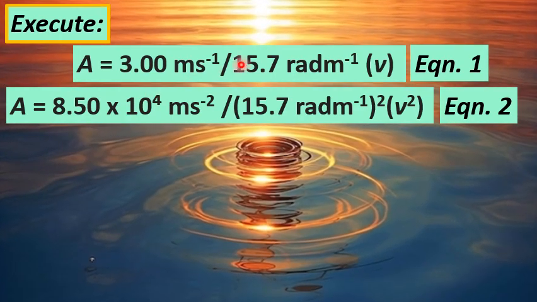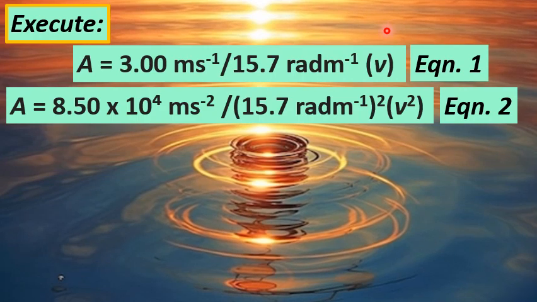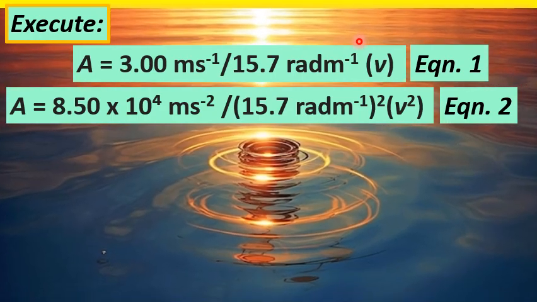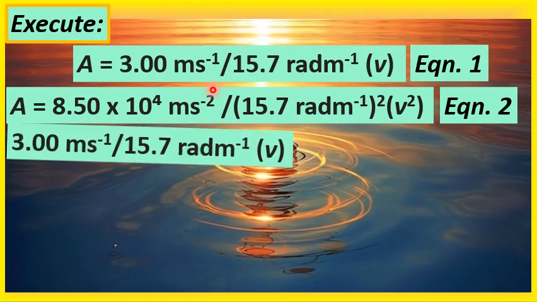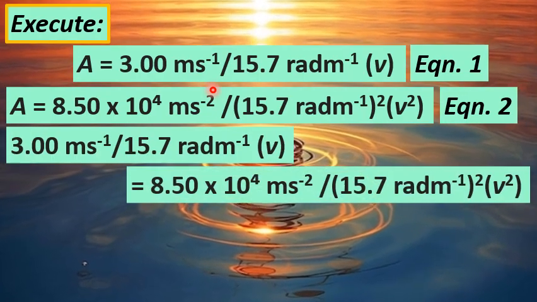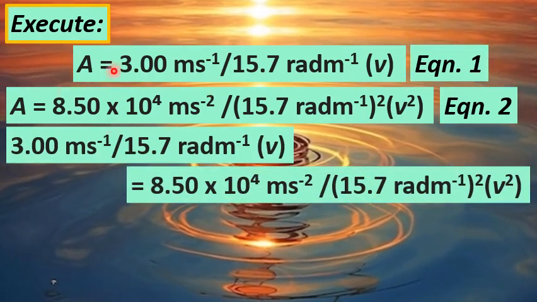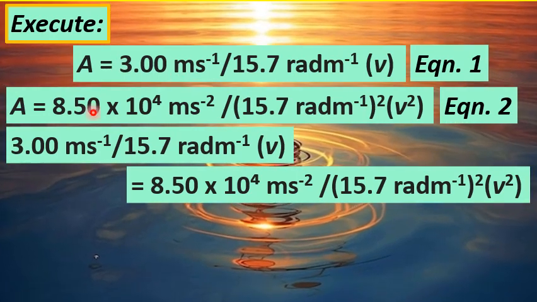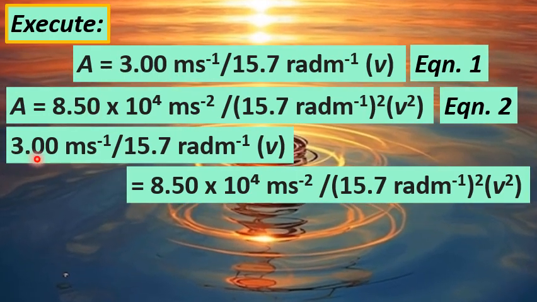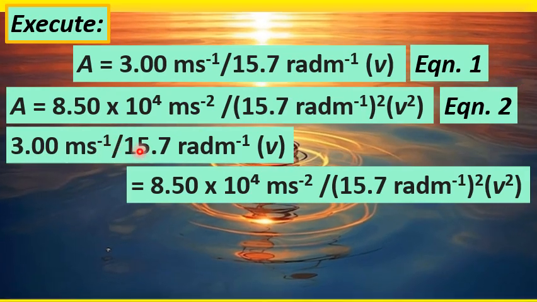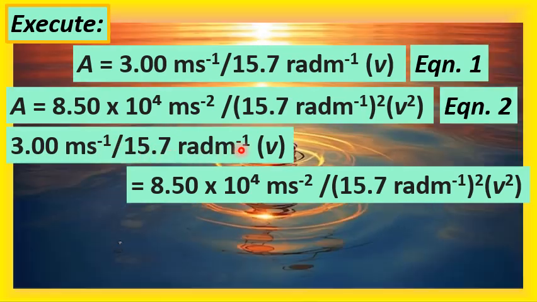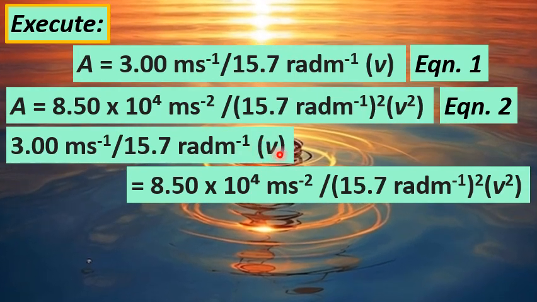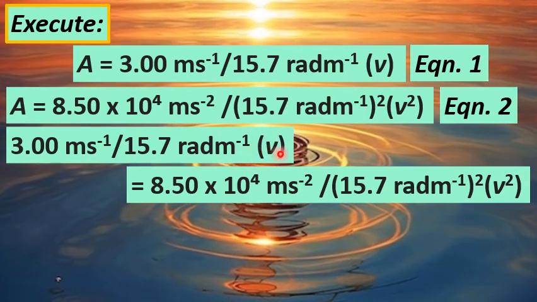Equating these two equations, 1 and 2, we will have the following. In the first equation, we have 3.00 meters per second divided by 15.7 radians per meter, multiplied by the speed v.